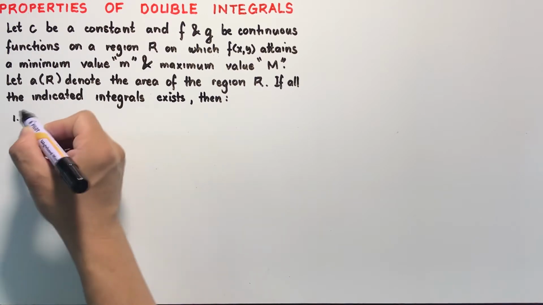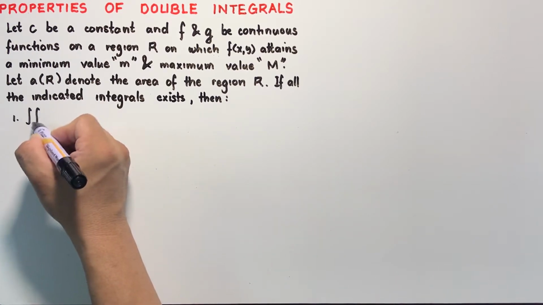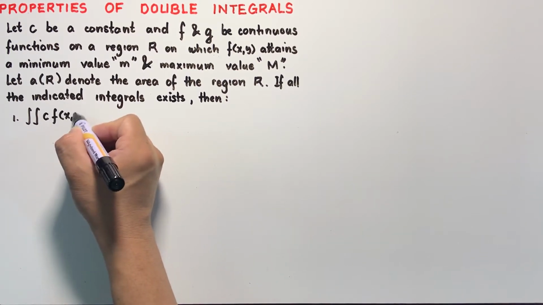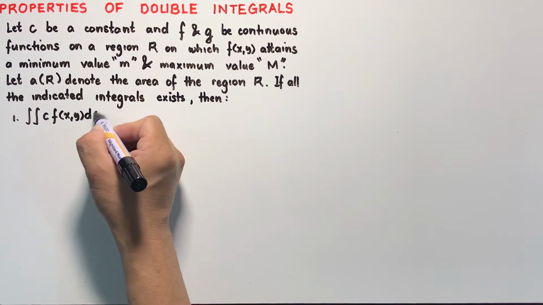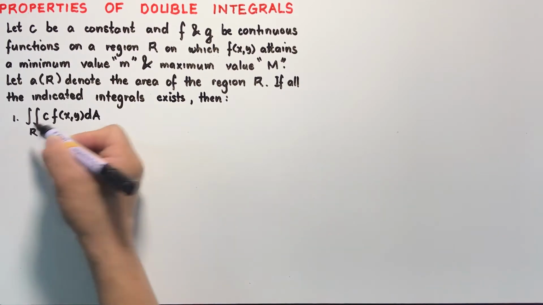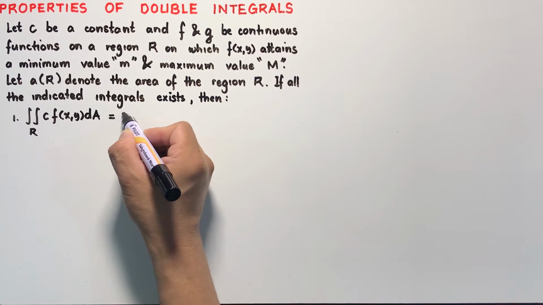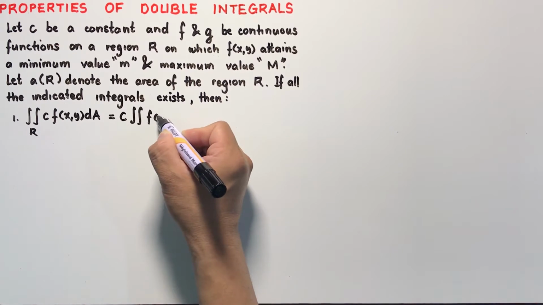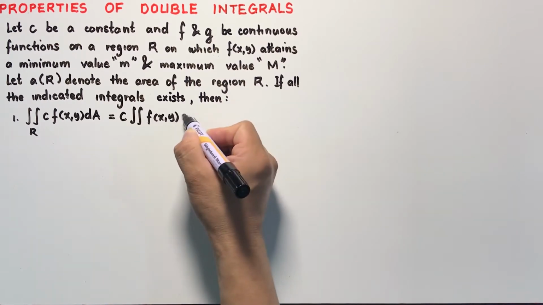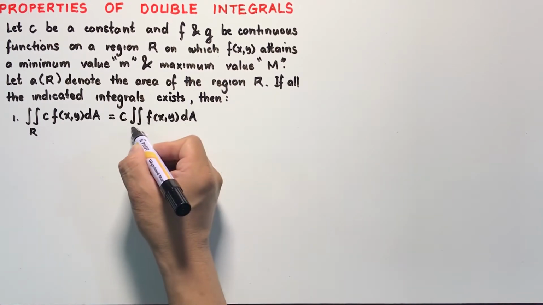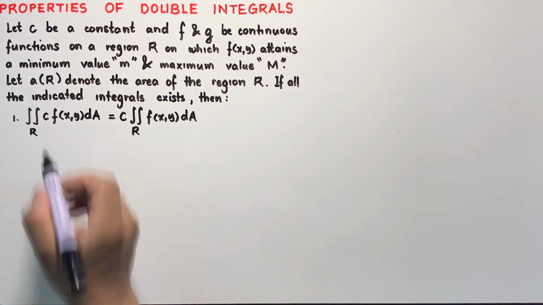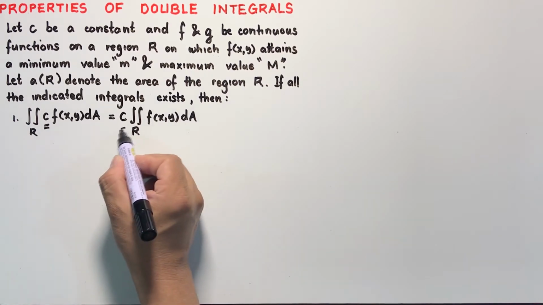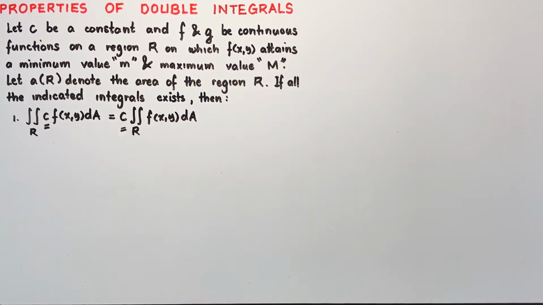Number 1, the double integral of a constant times a function f of x, y dA over a region is equal to the constant times the double integral of f of x, y dA over the region, which means that since C is a constant, we can factor it out and place it before the double integral.